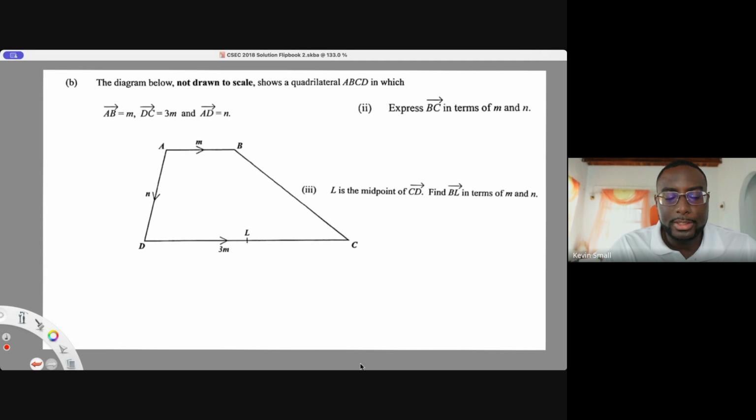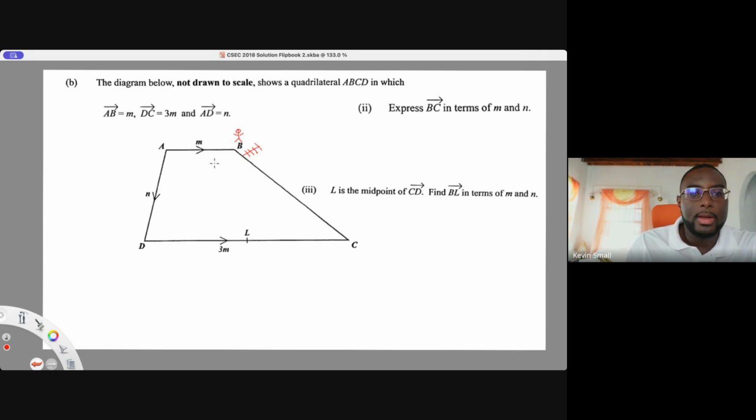Now, this is probably the challenging part. We have to represent BC in terms of small m and small n. So how will I get from B to C? If I am standing up here and I can't go this road, this road here is blocked off. Police line, don't cross. How will I get from B to C going another route?